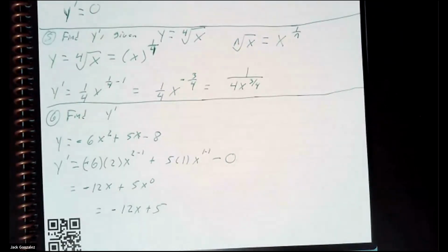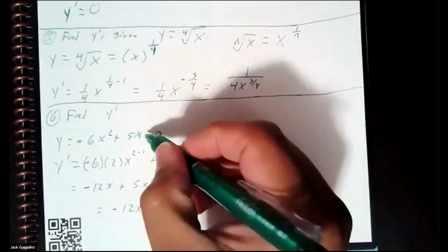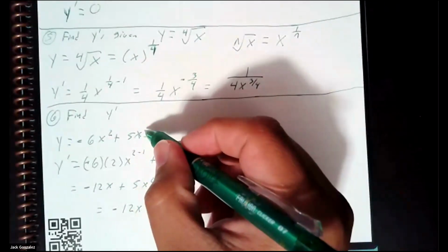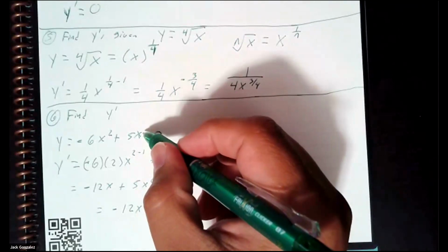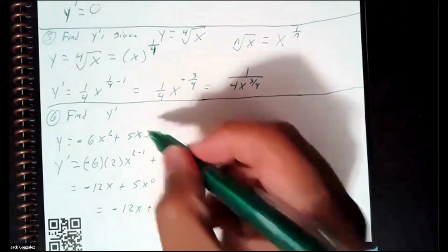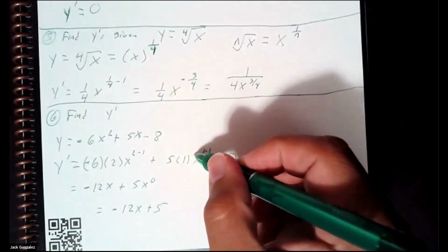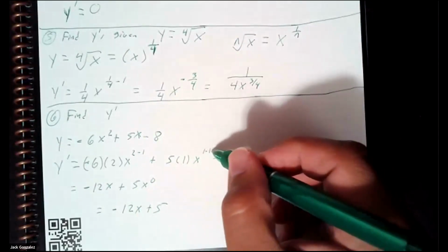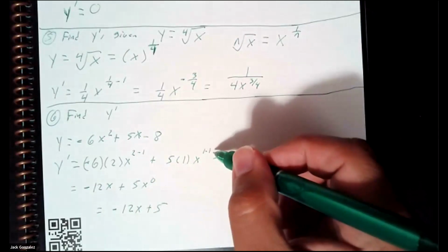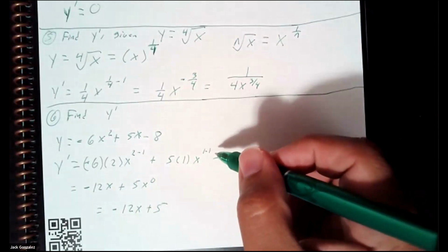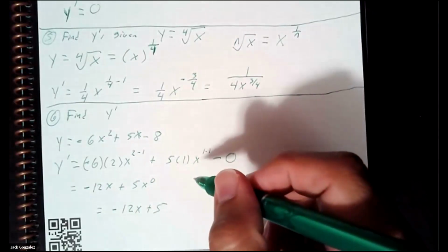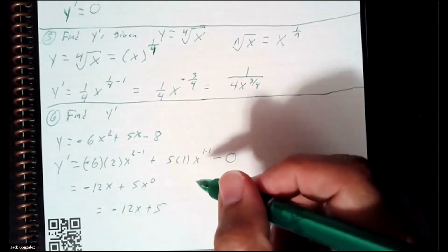Sorry about that. I didn't mean to interrupt. Why did you put the x to the 0? Yeah, because it originally has a power of 1, right? The linear. Yes. So you bring the 1 down, subtracting that and making it 0. You see it? 1 minus 1. But we could just leave it as 12x plus 5, right? Or negative 12x plus 5.